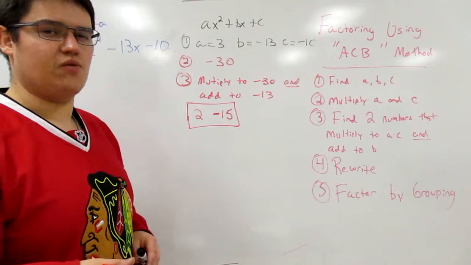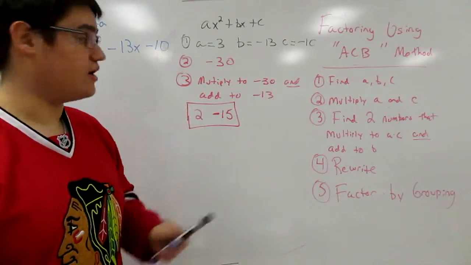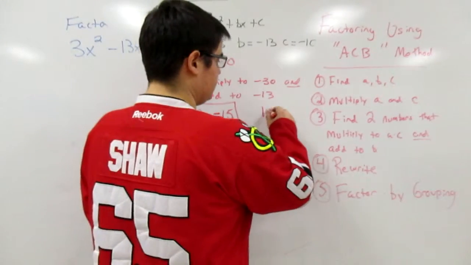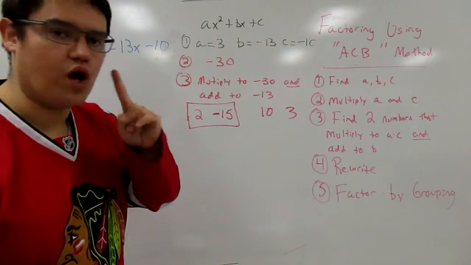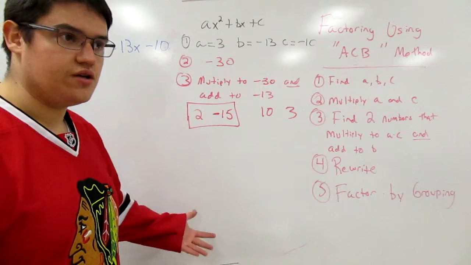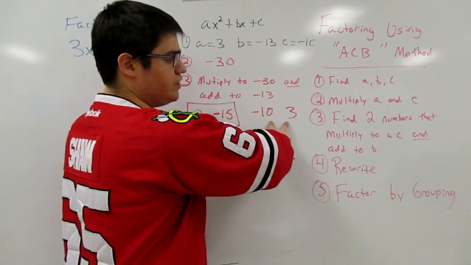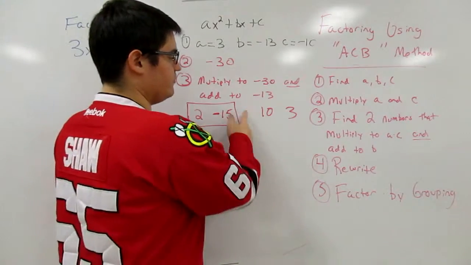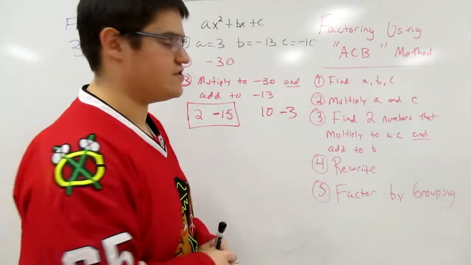Now some of you might be saying, what about 10 and 3? Those multiply to 30 and add to 13. You're right, but let's look at them. 10 and 3. In order to multiply to negative 30, one of them has to be negative, not both, or else they'll be a positive. So if you put the negative with 10, when you add these together, that's going to give you a negative 7. You put it with negative 3, add them together, a positive 7.